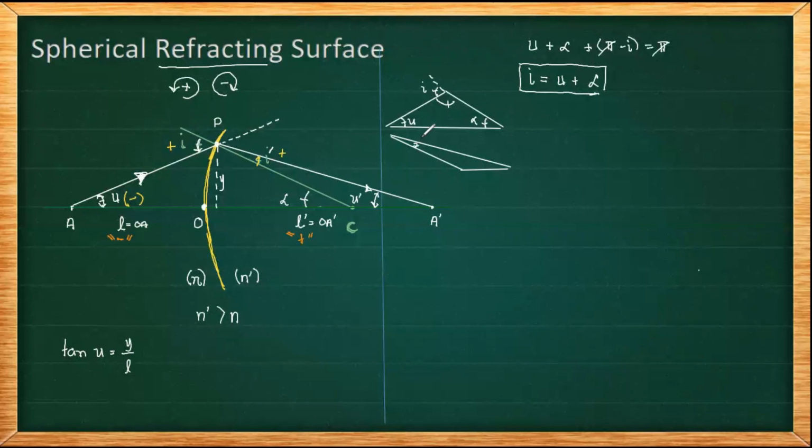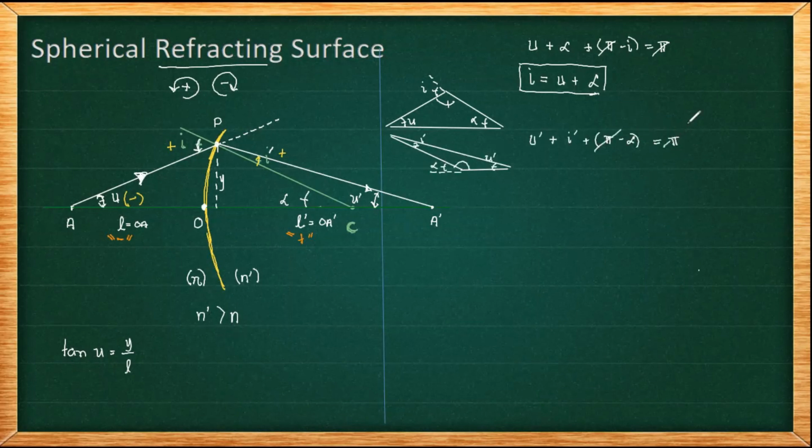This is our I prime, and this is our alpha here, and this is our U prime. Okay, so doing the same procedure as before, we just add all these angles. We have U prime plus I prime, plus this angle here, that's pi minus alpha, equals pi, or 180.